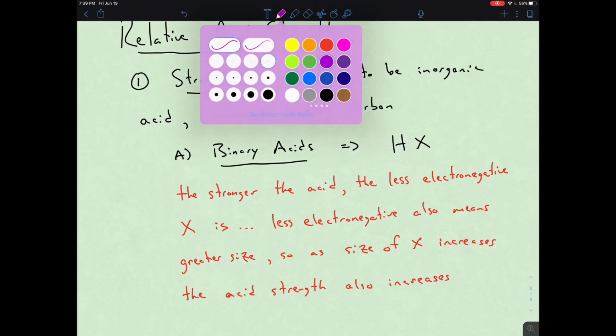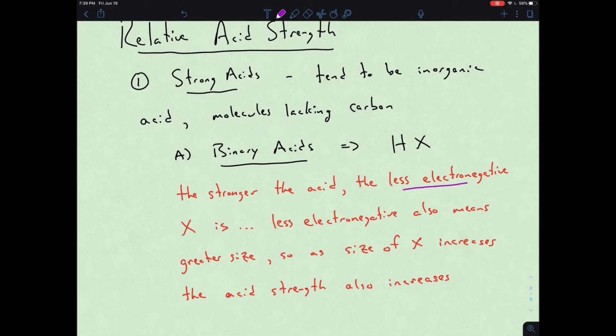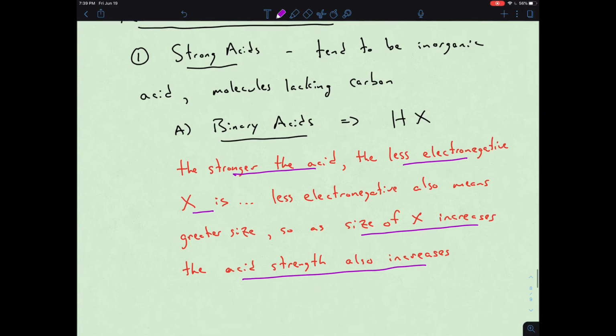So we have a couple rules there, right? So the less electronegative X is, the stronger the acid. The size of X increases, acid strength also increases.